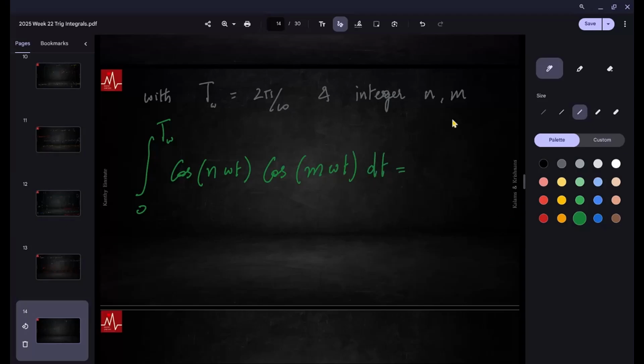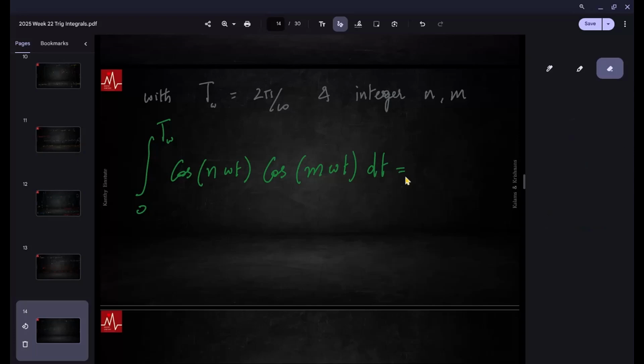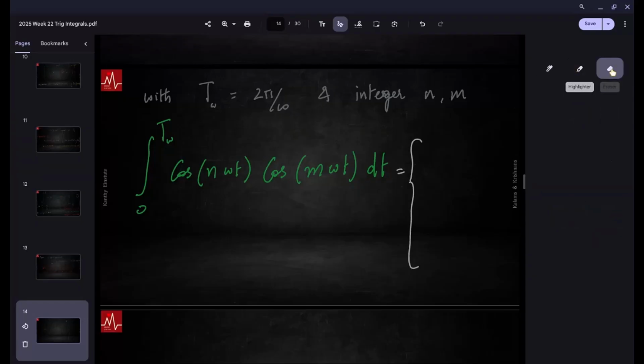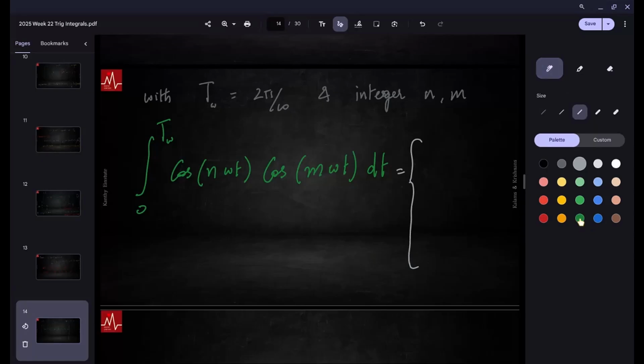And here, you would need a condition. It will depend on whether n equals m or not. When n equals m, you will get a result. And when n not equals m, you will get a result.